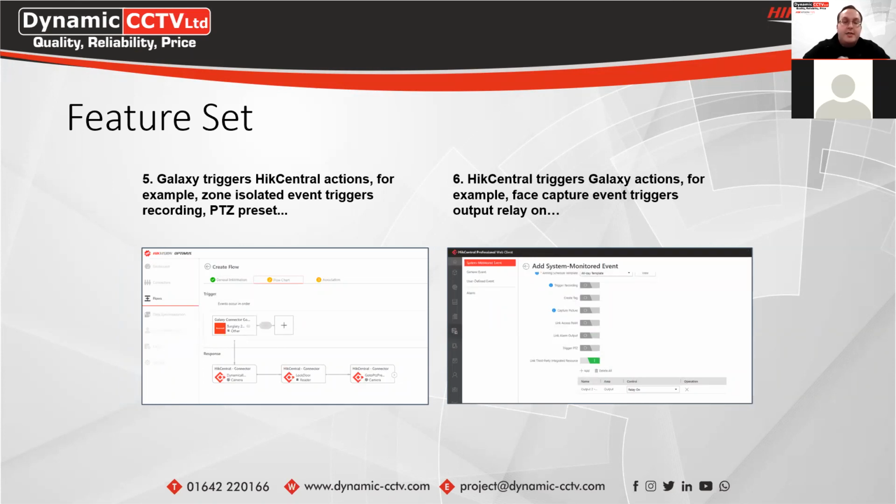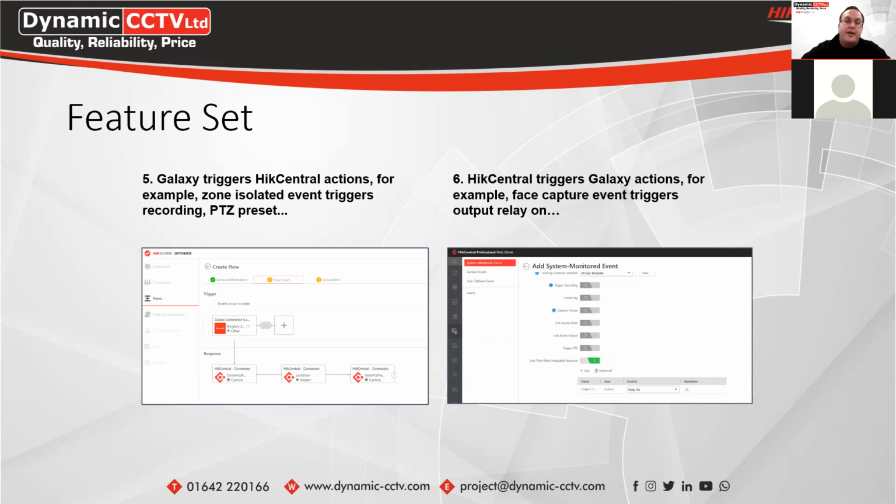So the Galaxy triggers can trigger different CE Central triggers. So if, for example, you had a detector or a zone that was triggered, you can set a PTZ preset. So the PTZs that are added to the system and related can trigger to go through to a specific preset position that you have configured when it's been added to the system.